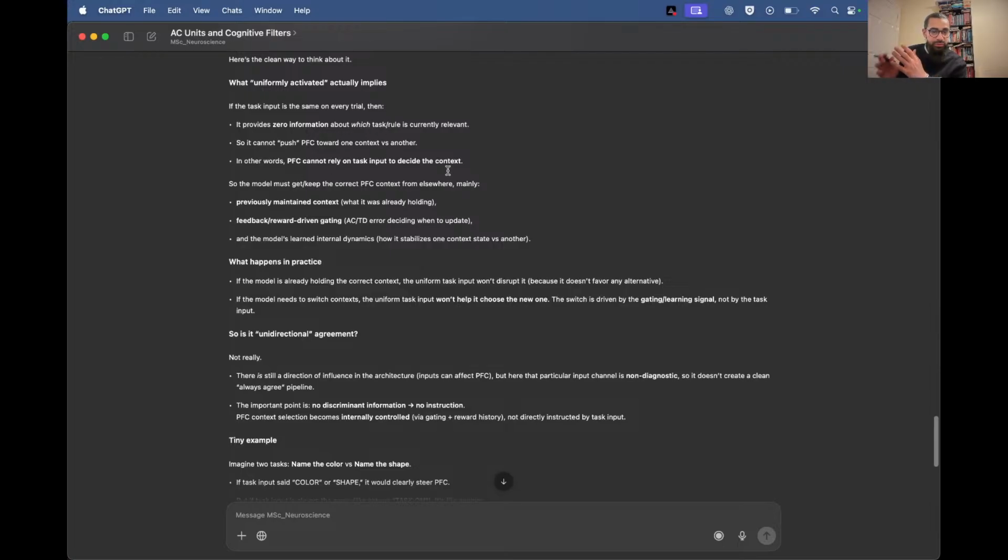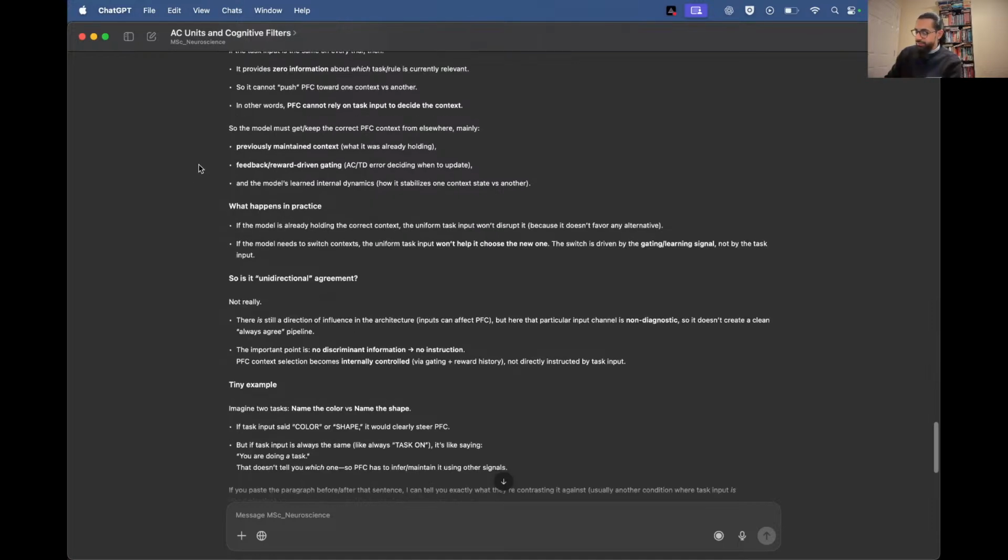In other words, prefrontal cortex cannot rely on task input to decide the context. So it cannot push PFC towards one context.